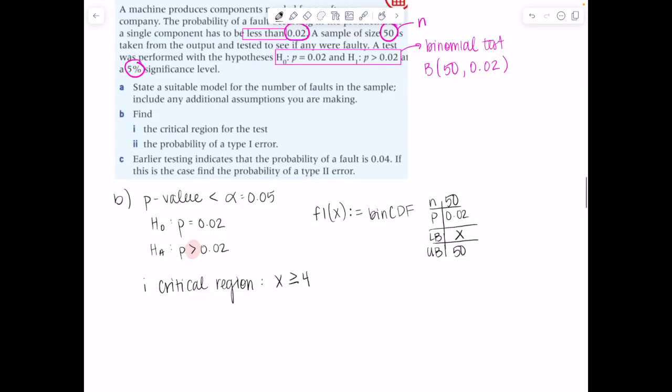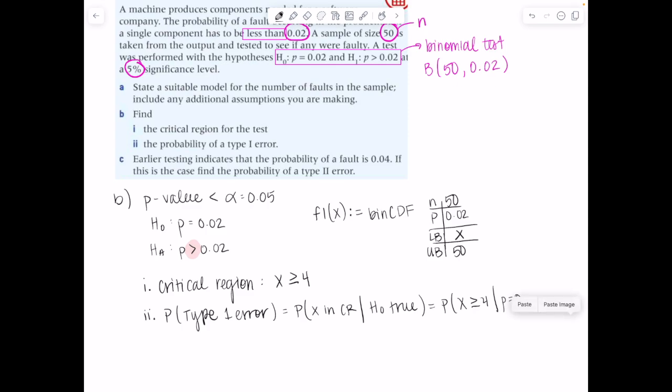So the probability of making a type 1 error is the probability that we are in the critical region given our null hypothesis is true. So we already know the critical region, x is greater than or equal to 4. Our null hypothesis being true is that our probability is equal to 0.02.